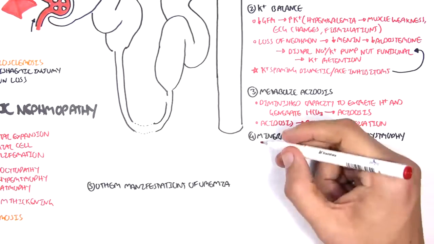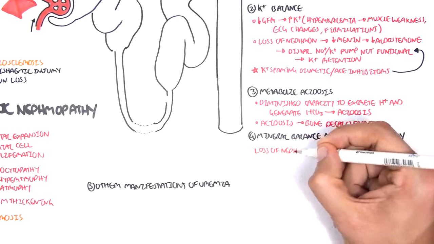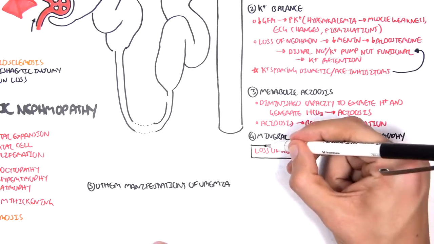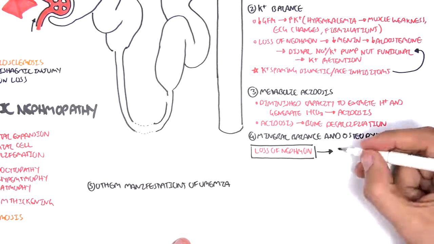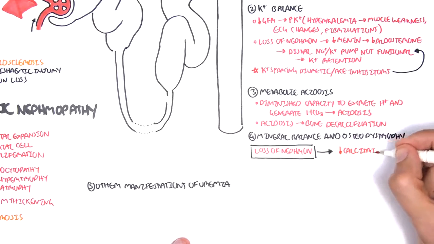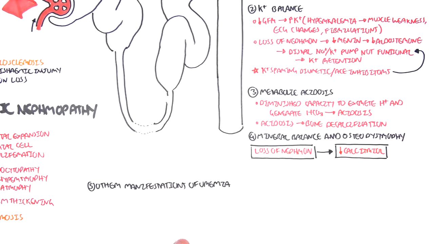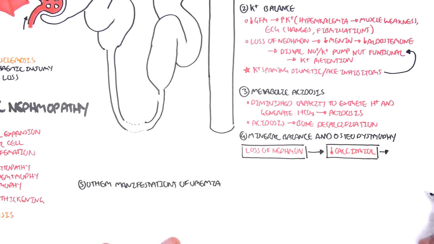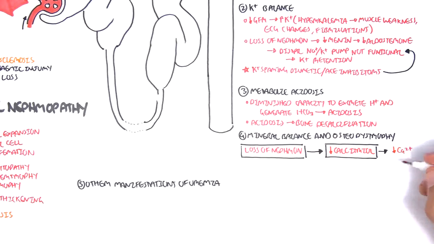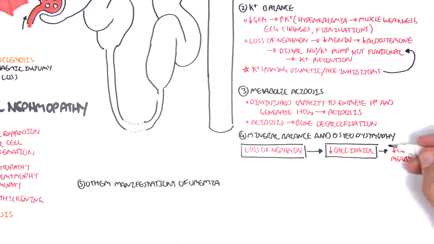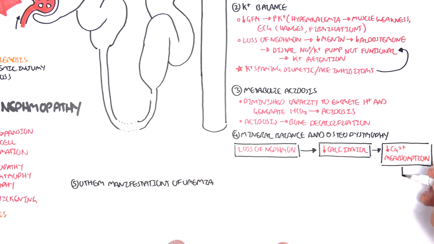Next, let's talk about mineral balance and osteodystrophy. Now, when you have loss of nephrons, the kidneys cannot produce the hormone they normally produce, which is calcitriol. With no calcitriol, you have a decrease in calcium reabsorption from the GIT and the kidneys. And this will lead to hypocalcemia.